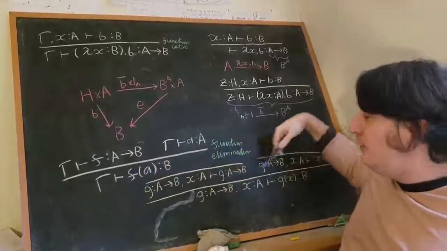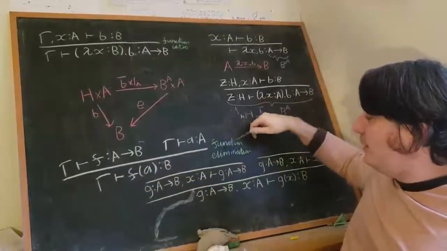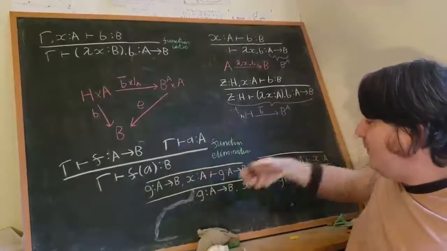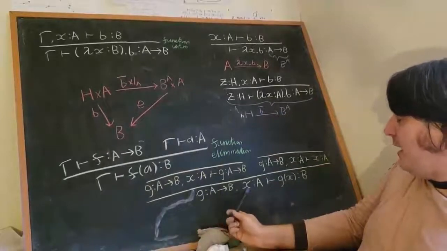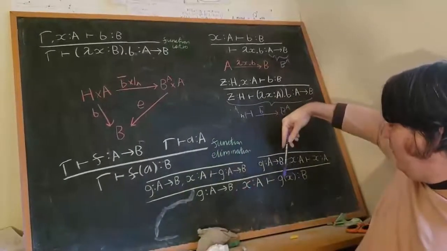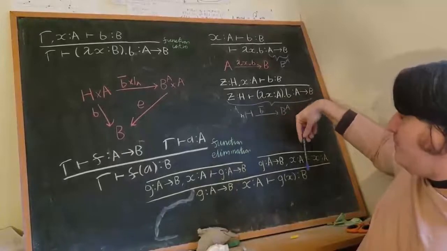But once we've got these two things, we can use this function elimination rule to give us that in this context, where we have our function g from A to B and our value x of type A, we have this g of x of type B.